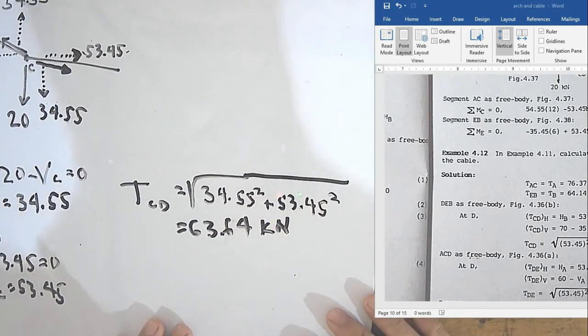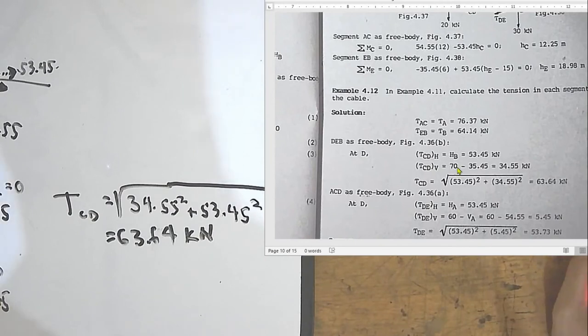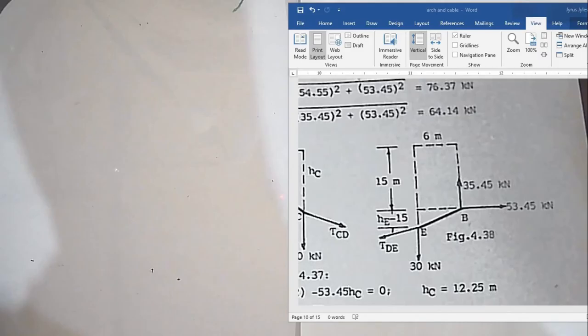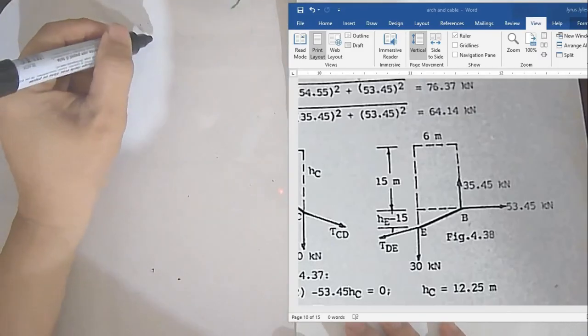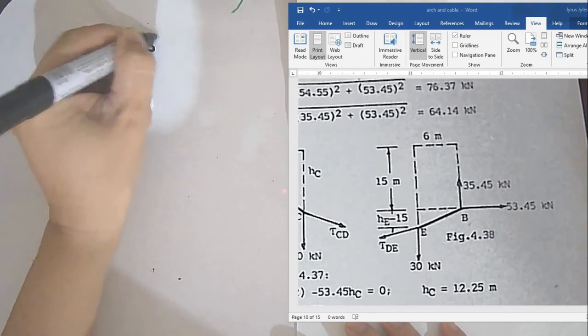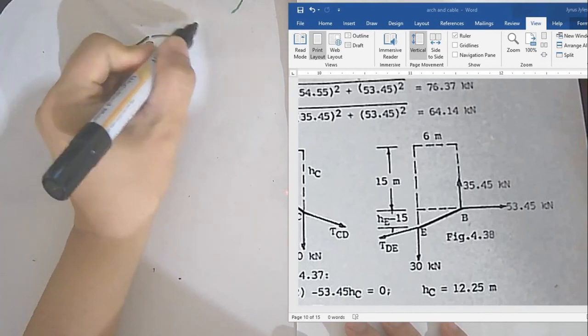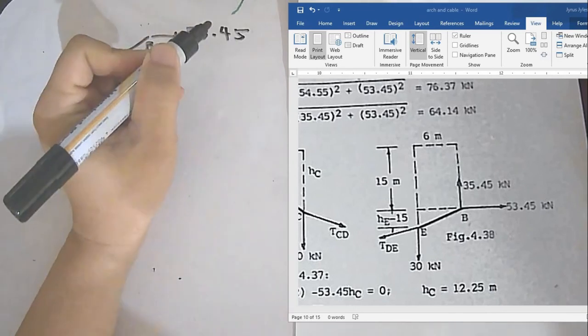Now let us solve tension DE. Okay? So, ayan yun. Paano nakuha yung equation na yan? Which is basically the same as this. Okay? Napunta na tayo sa tension DE. So, at point B, okay? So, this is point B. Meron tayong horizontal na reaction 53.45, which is this.